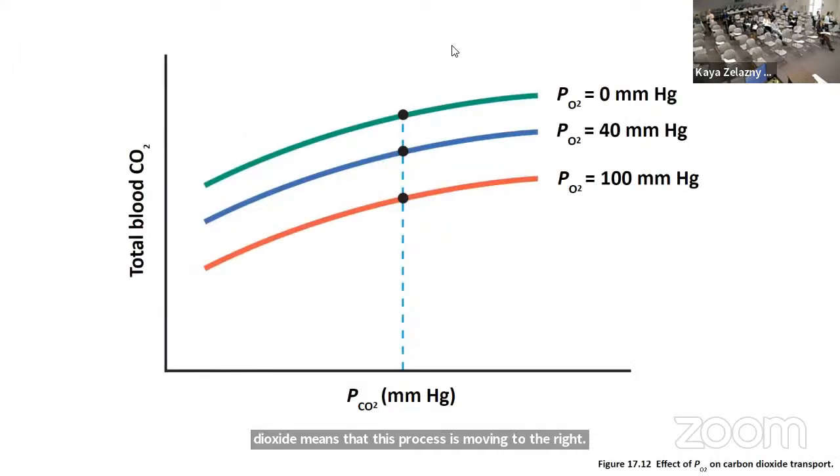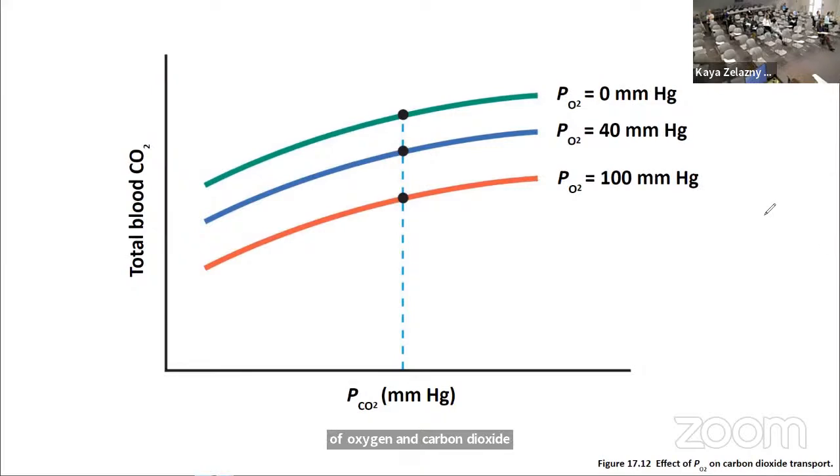So there is a relationship between the partial pressures of oxygen and carbon dioxide. We looked at it from the other direction when we were talking about the carbamino effect. But here we see the effect of oxygen on carbon dioxide. What we're looking at is our partial pressure of carbon dioxide and how much carbon dioxide is total in the blood.